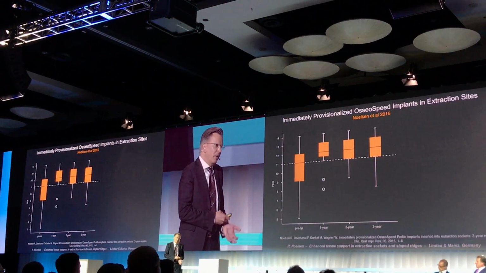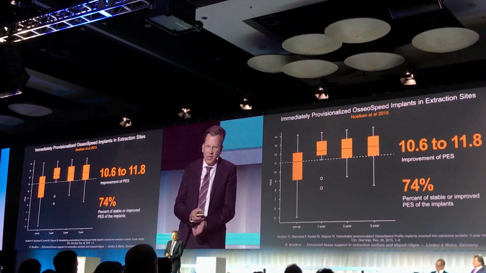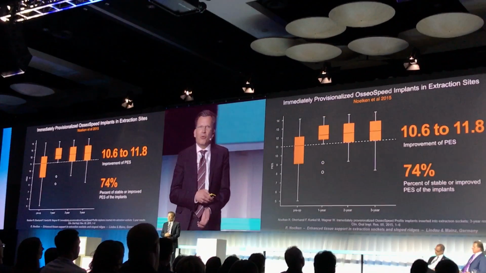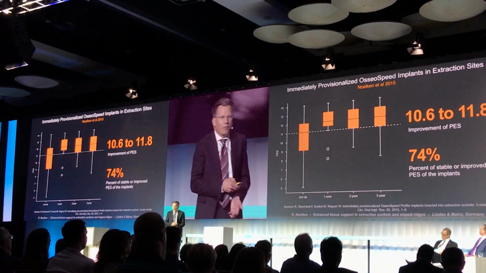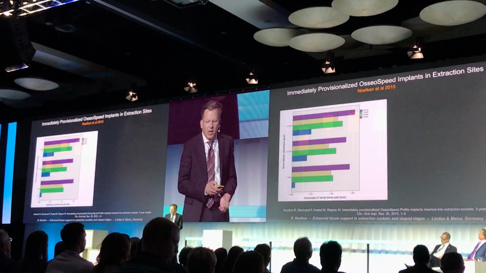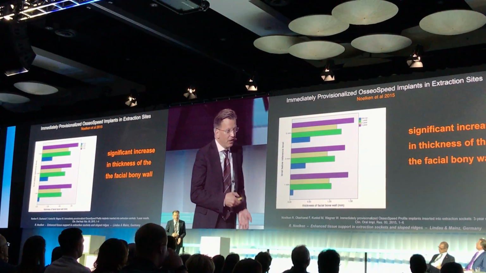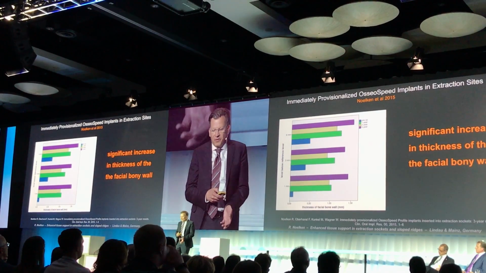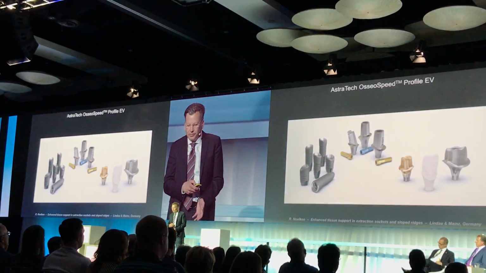Comparing the preoperative to the 3-year aesthetic result, we saw a significant improvement of the pink aesthetic score according to Fürhauser from 10.6 to 11.8. And we had a significant improvement of the thickness of the facial bony wall.